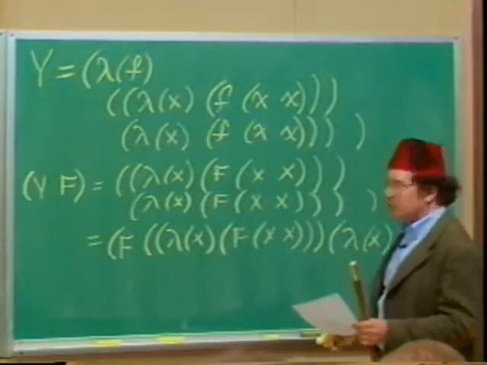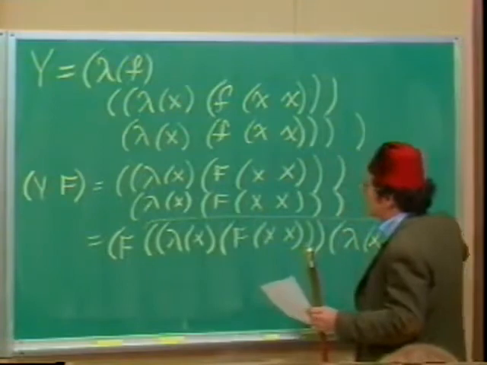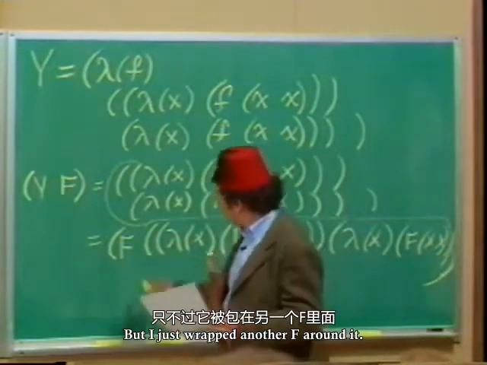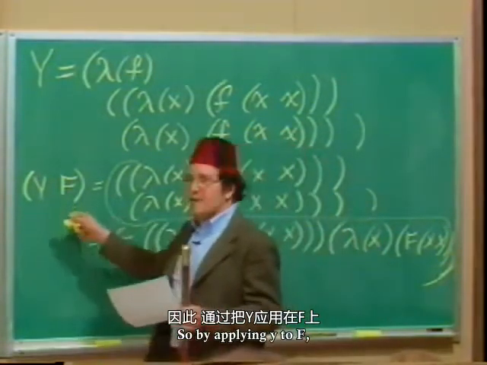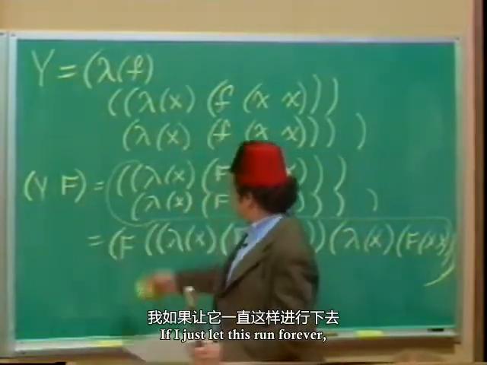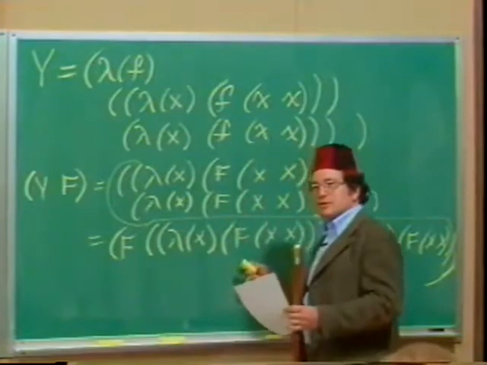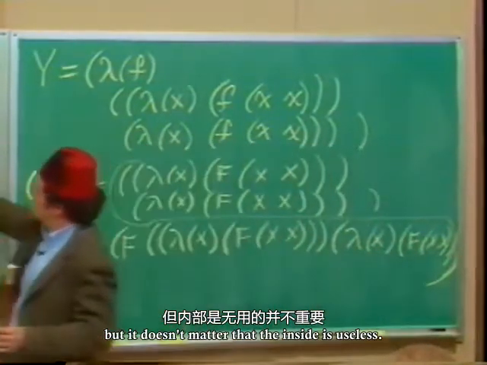Oh, but what is this? This thing over here that I just computed is this thing over here. But I just wrapped another f around it. So by applying y to f, I make an infinite series of f's. If I just let this run forever, I'll just keep making more and more f's outside around an infinite loop, which is useless. But it doesn't matter that the inside is useless.